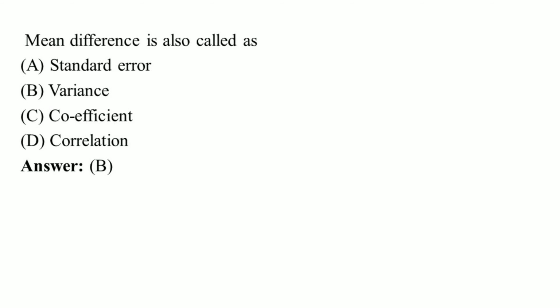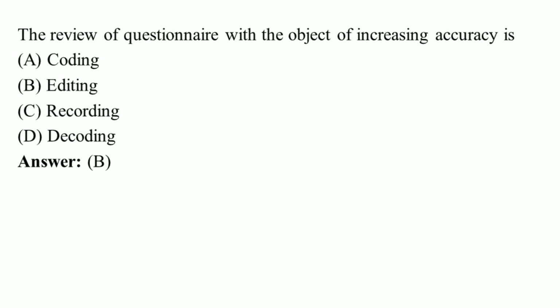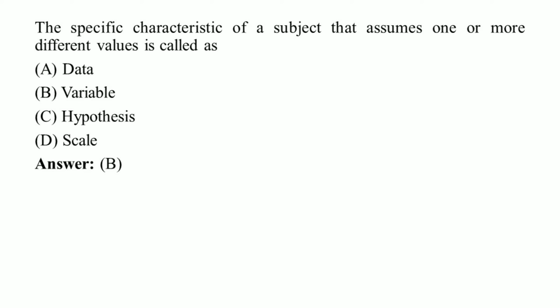Next one, mean differences is also called as, right answer option B, variance. Next question, the review of questionnaire with the object of increasing accuracy is, right answer option B, editing. The specific characteristics of a subject that assumes one or more different values is called as option B, variable.